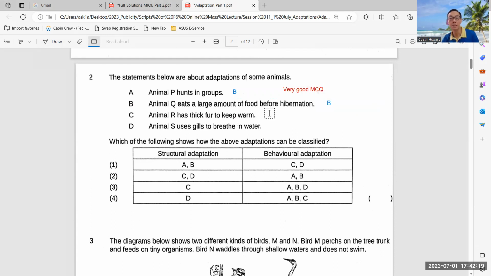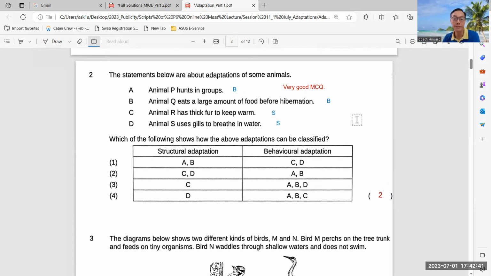Thick fur is structural. Use gills, gills is structural. So A and B are behavior, C and D are structural. Correct? So answer is 2. Okay. Clear. Agree? Okay, next.